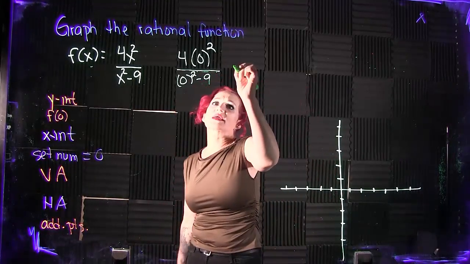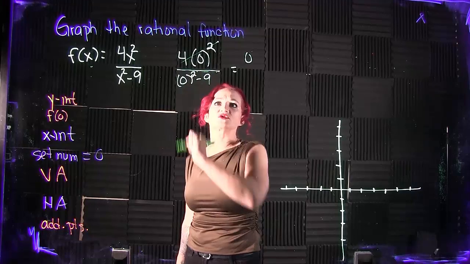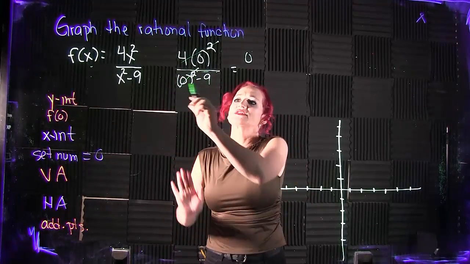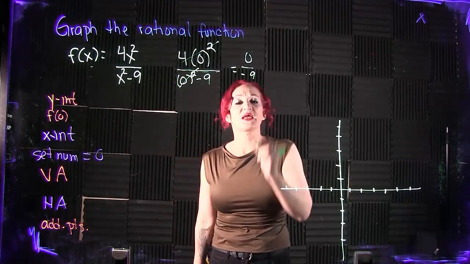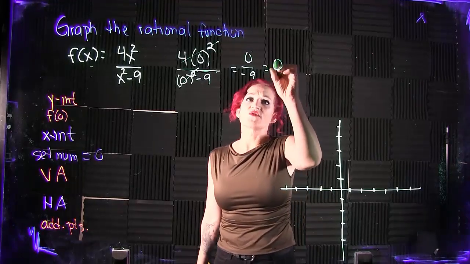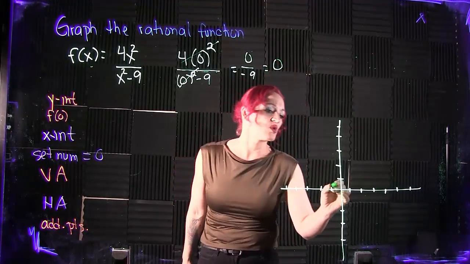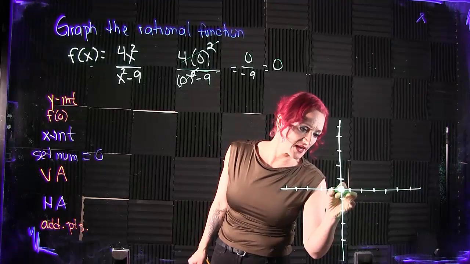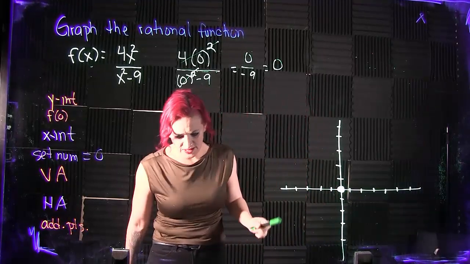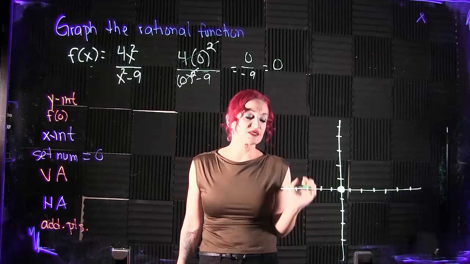We're going to get a 0 in the numerator, multiplying by 0. The 0 squared cancels out down here as well, leaving us with a negative 9. 0 over any number is a 0. That tells us that our y-intercept, also an x-intercept here, is going to be the point (0, 0).